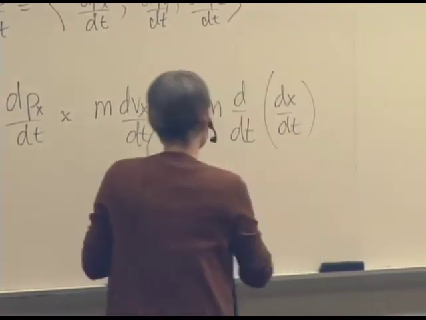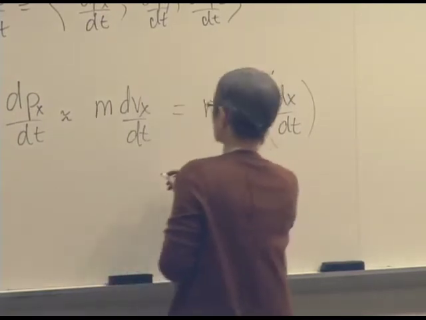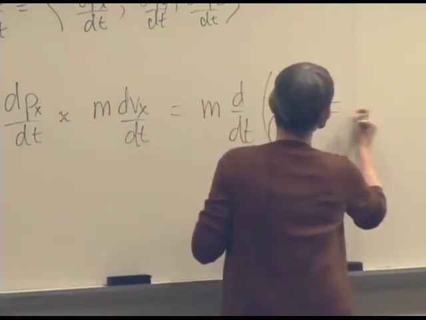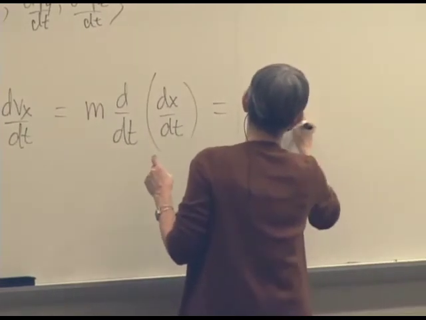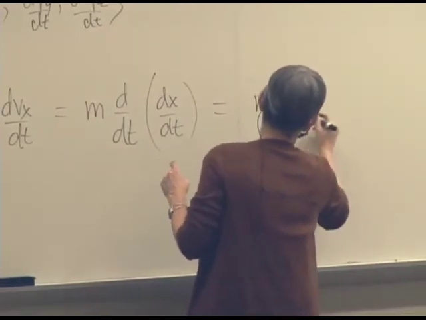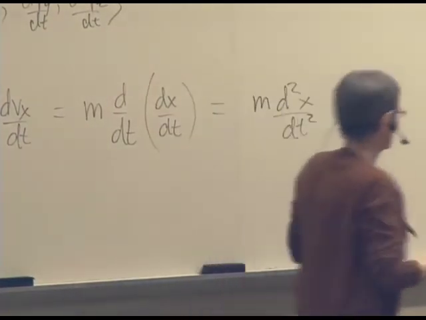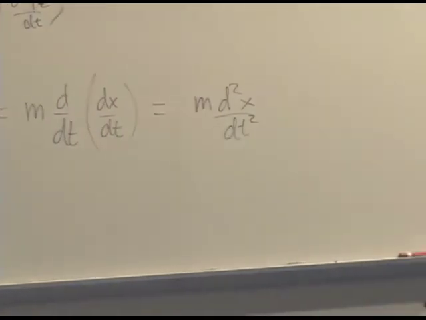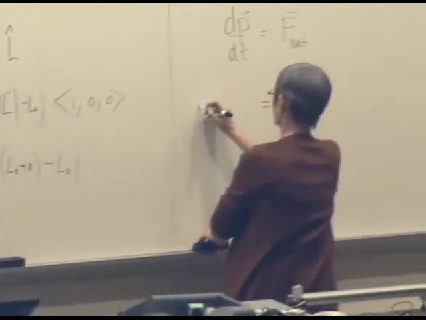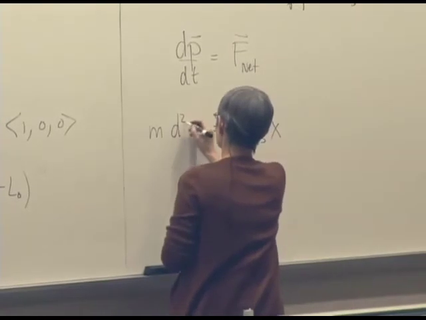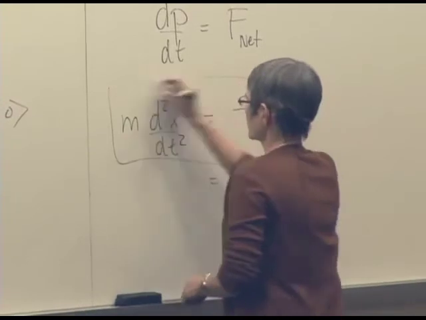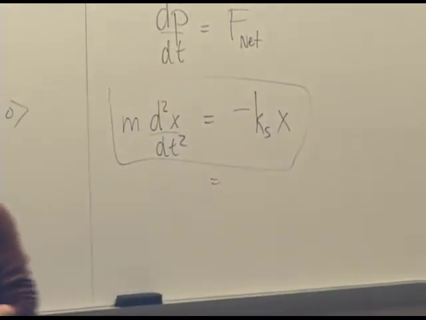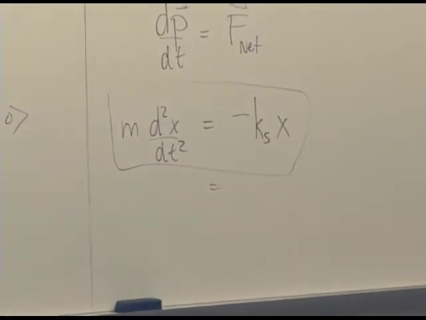So we've ended up with a second derivative here. So we've got dpx/dt at low speeds, mass not changing, is m times the second derivative of x with respect to t. So we'll write this over here. We have m times the second derivative of x with respect to t, and at the moment, that's what we've gotten to with the momentum principle for this system.